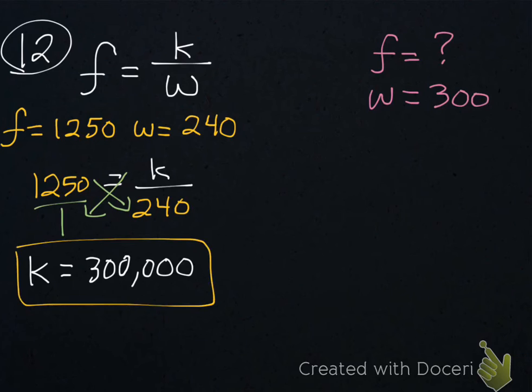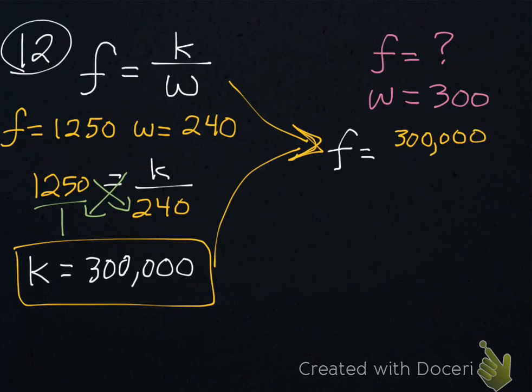Remember, there's no units for K. It's a constant. We just use it as the relationship or the ratio between two things. So F is equal to my 300,000. Make sure you get all the zeros in the right spot. Divided by the wavelength. Now we can plug in the second set of criteria to find the answer we wanted to find to begin with.